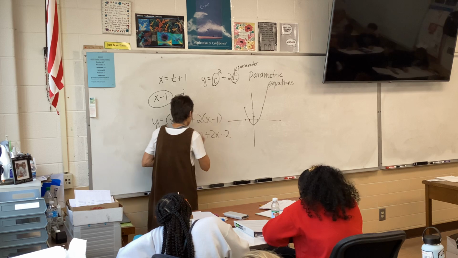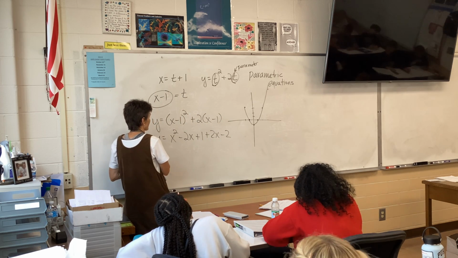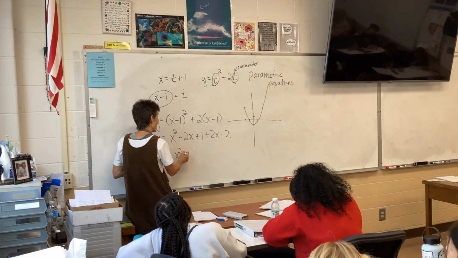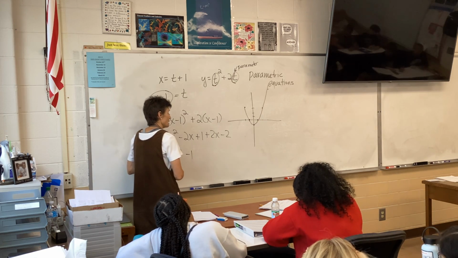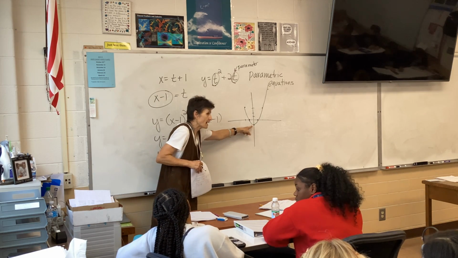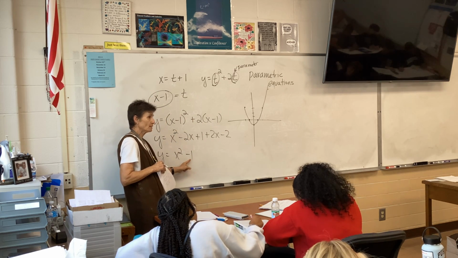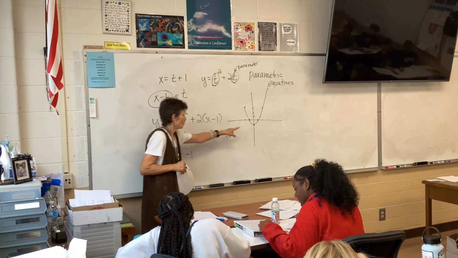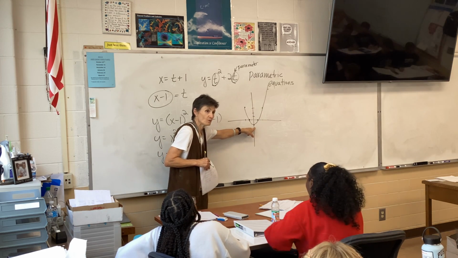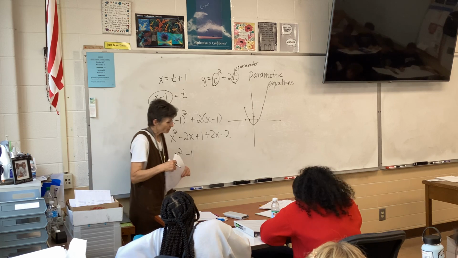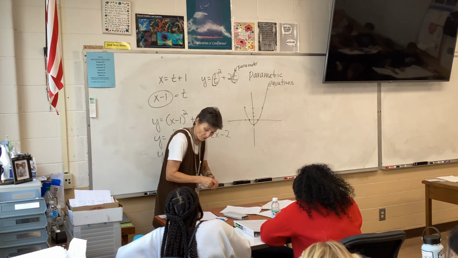Is this going to be a parabola equation? In fact, it doesn't look exactly like we would expect it to look. Isn't this a parabola dropped down 1? And isn't that what happened when you graphed it on your calculator and when I graphed it by hand? Pretty cool.